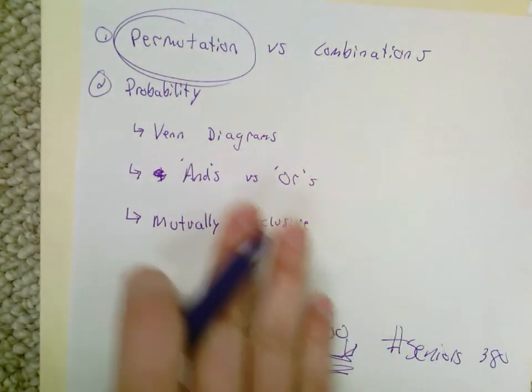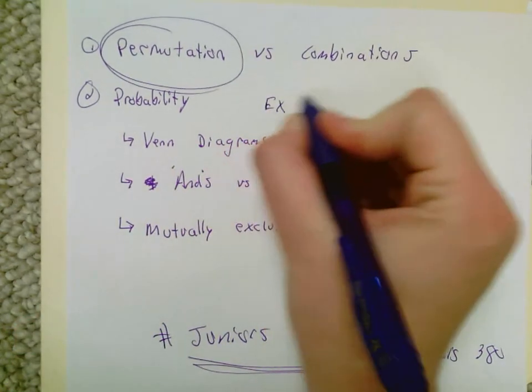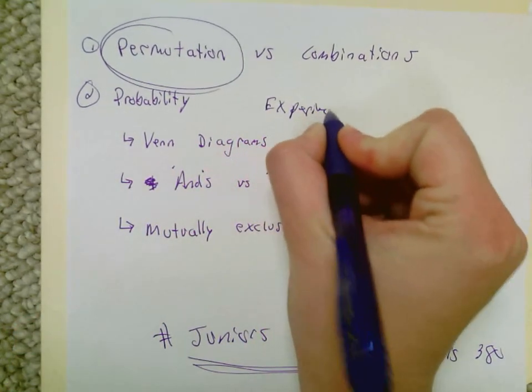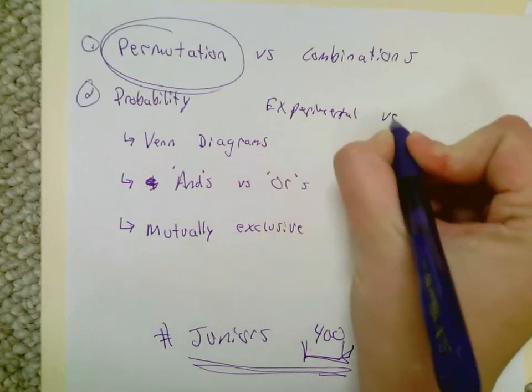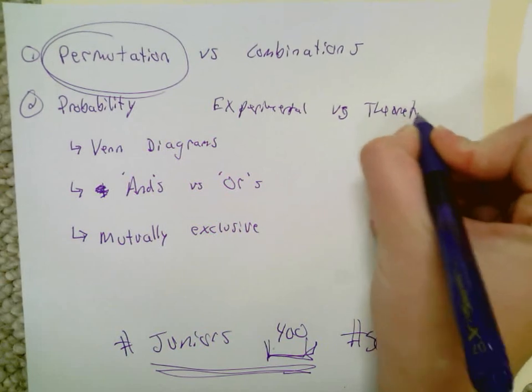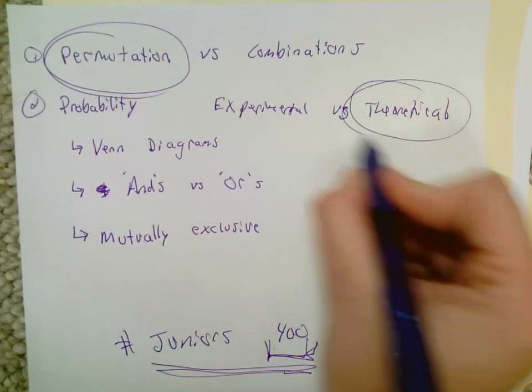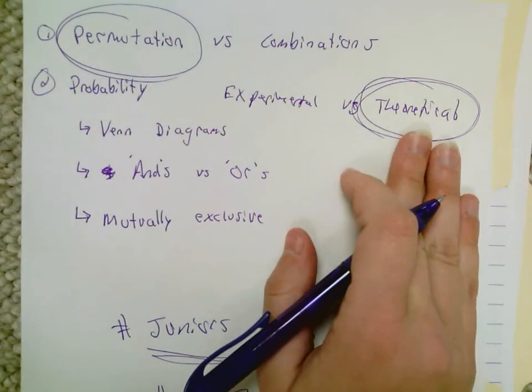Then we got into the idea of probability. We did talk a little bit about experimental versus theoretical. And again, I told you that we're pretty much going to be focusing right now on theoretical, okay?